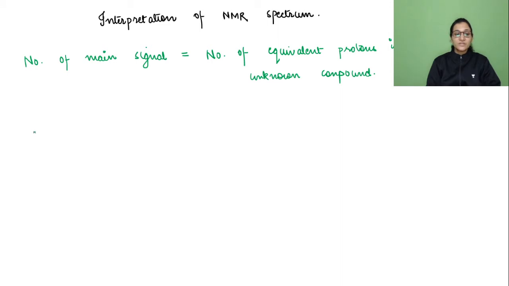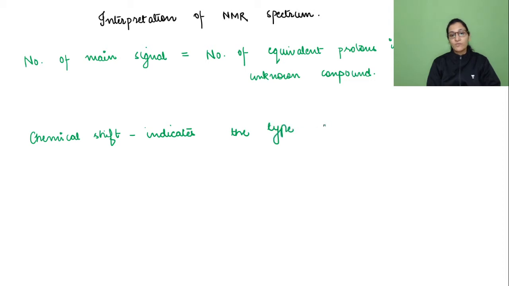After that, chemical shift. Chemical shift indicates the type of hydrogen atoms.